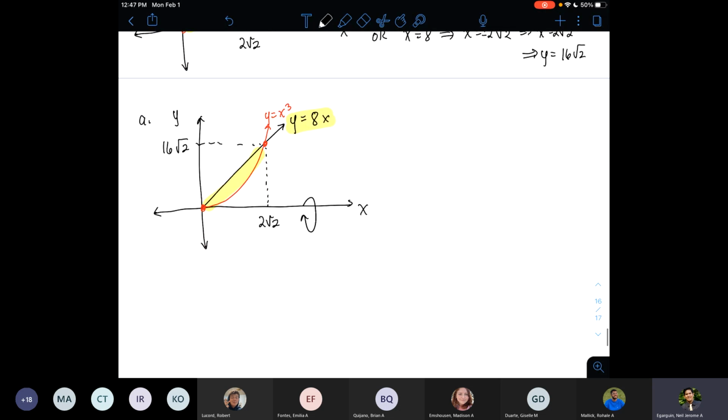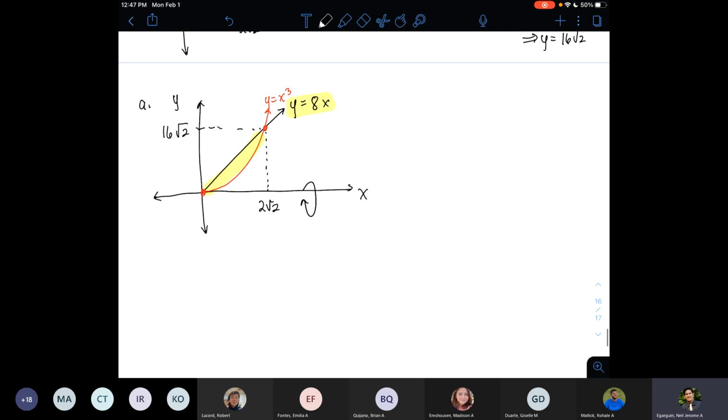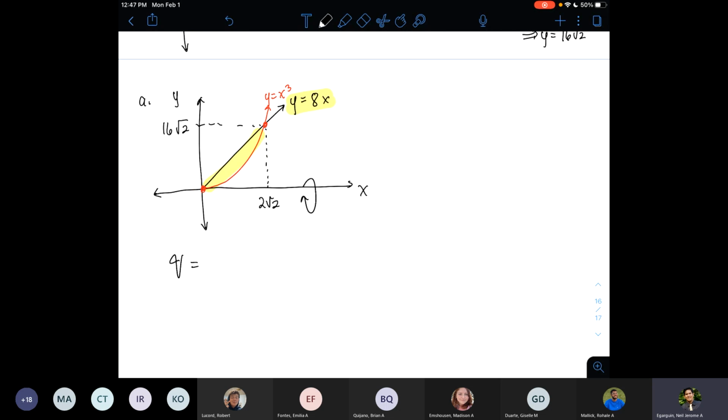Now, since we only know for now how to compute the volume using the disk or washer method, I will choose the strips to be perpendicular to the AOR, right? So maybe I should note here that to use disk or washer, the strips should be perpendicular to the AOR.